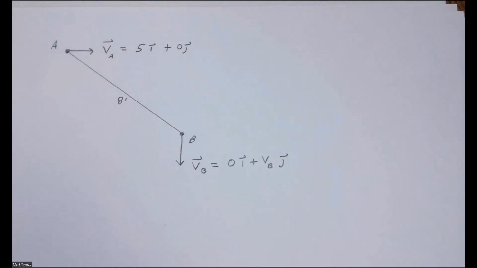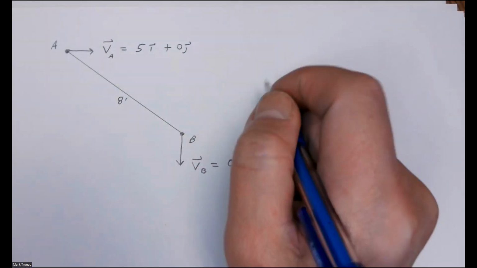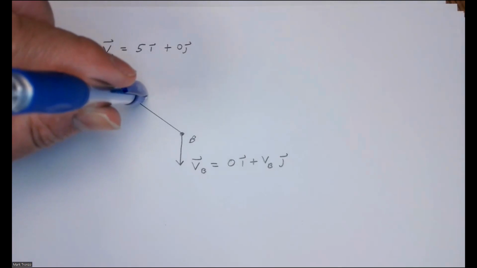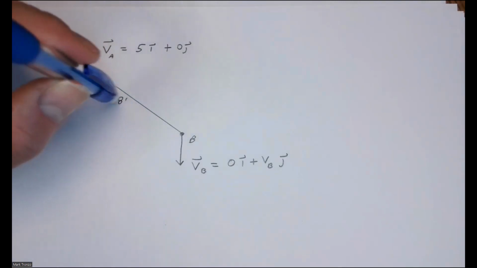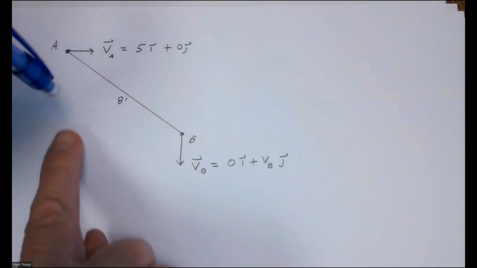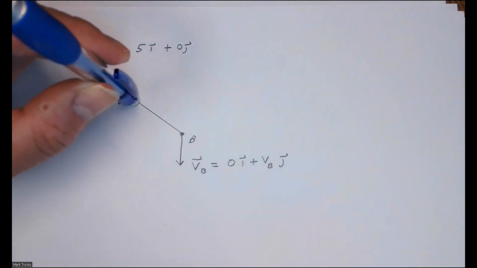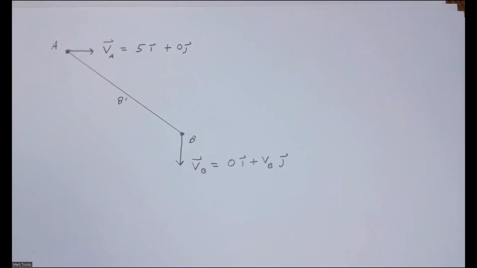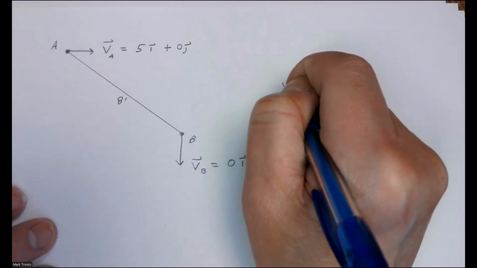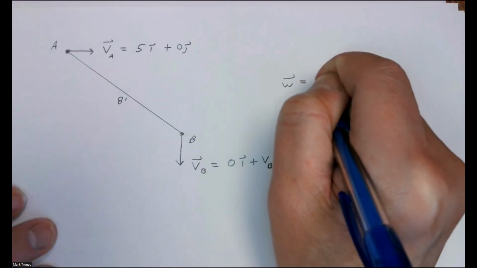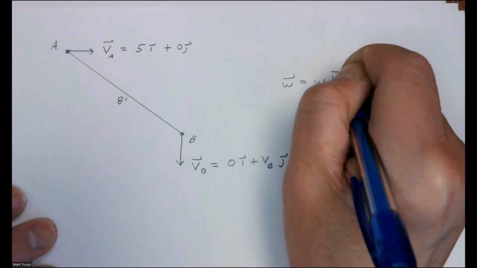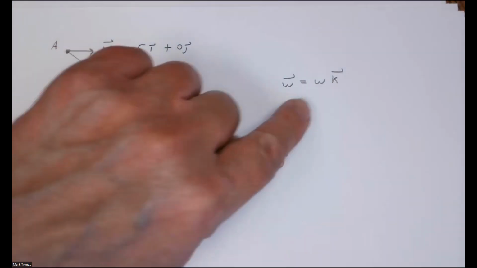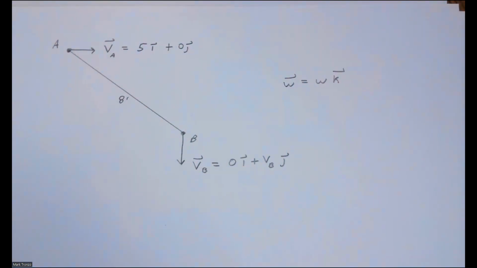Keep in mind that when we're in the XY plane, we're always rotating about the Z axis. So our rotation omega is going to be some scalar omega times K, which we're almost always going to use in this form.